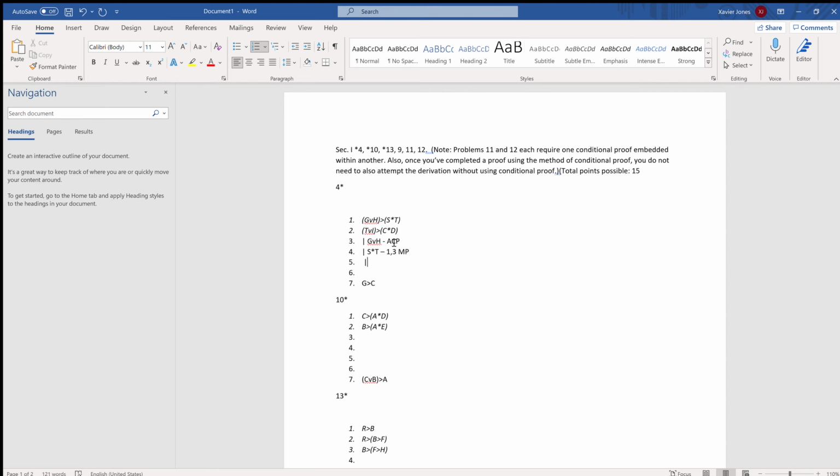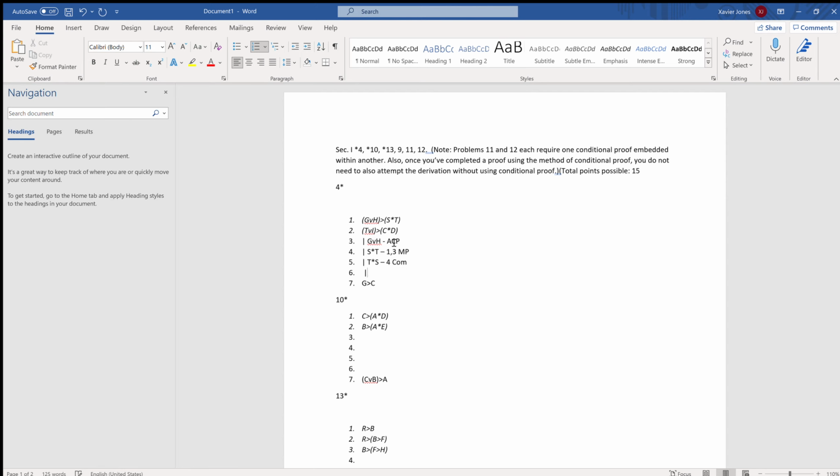Now that we have S and T, we can use commutativity to give us T and S, which is line 4 commutativity.